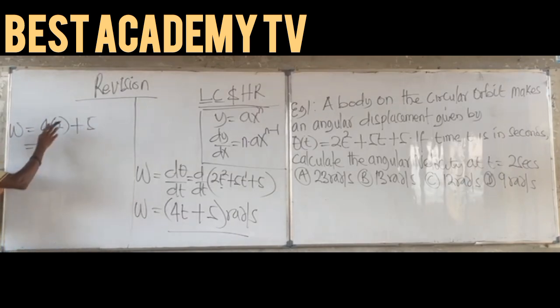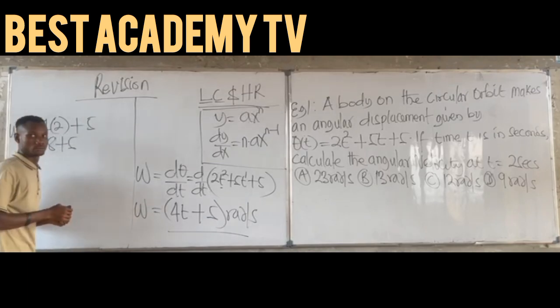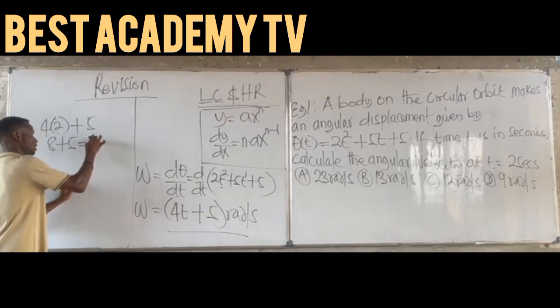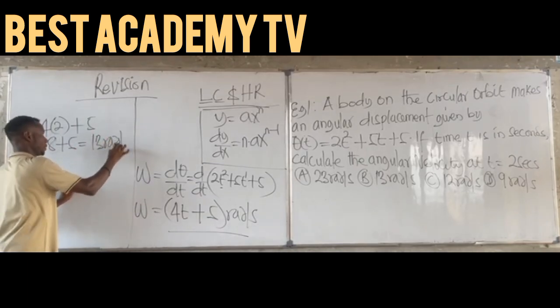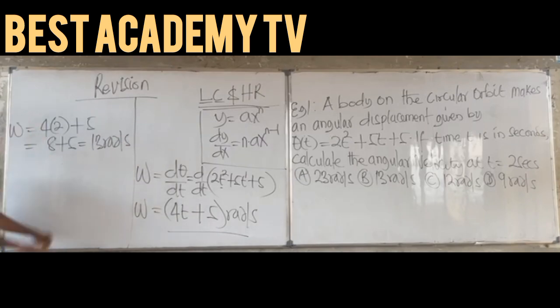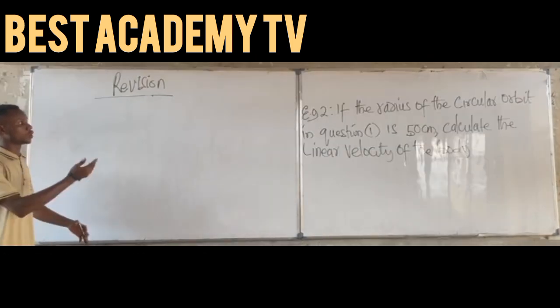So let's calculate. This will give us 8. That is 8 plus 5. What is 8 plus 5, class? That is 13, right? So it gives us 13 rad per second. That is okay. Alright, let's solve question 2 here.